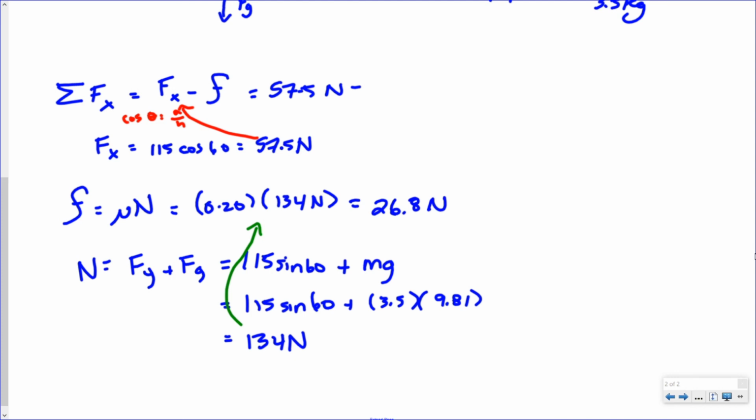Why did I want the force of friction? Oh yeah, I wanted to put it in up here. So we have 26.8 newtons. So 57.5 subtract 26.8 gives me 30.7 newtons. That is the sum of my forces in the x direction. Why did I want that?